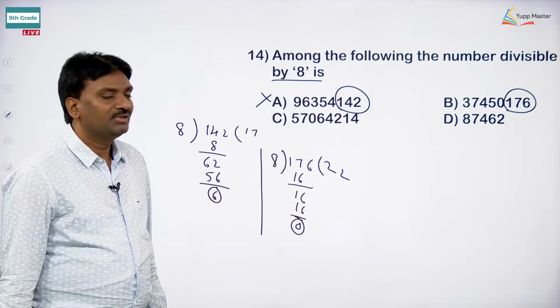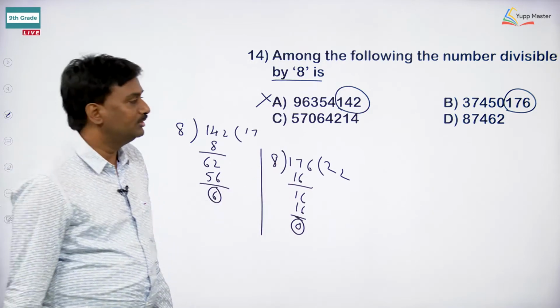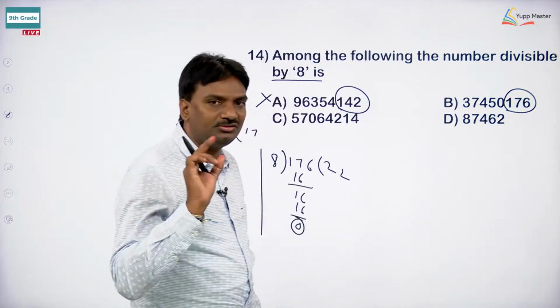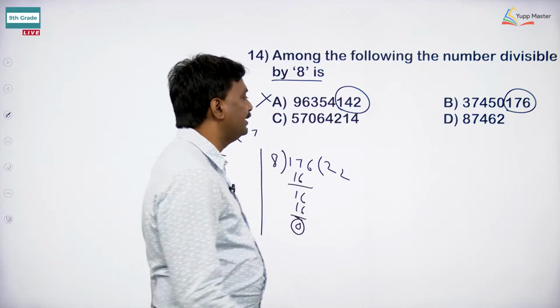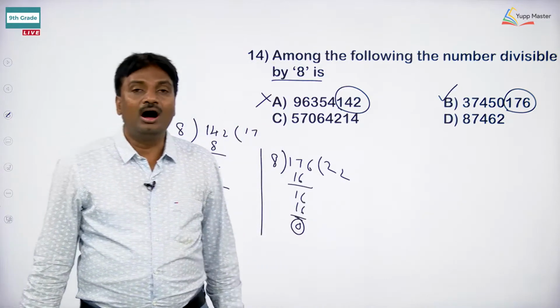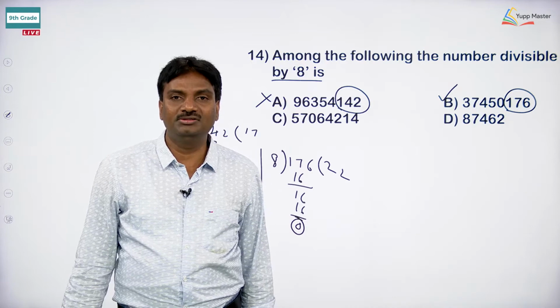So, clearly the number 176 is divisible by 8. So, the number 37450176 is also divisible by 8. So, for the given problem we can take option B as the correct option.